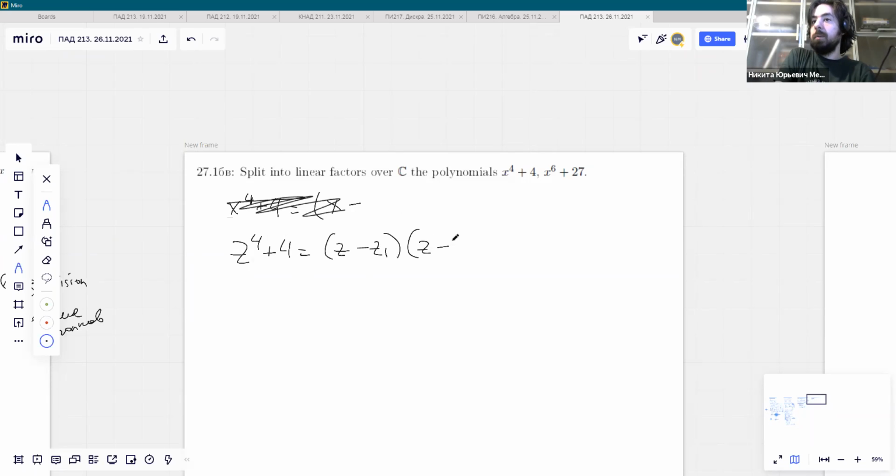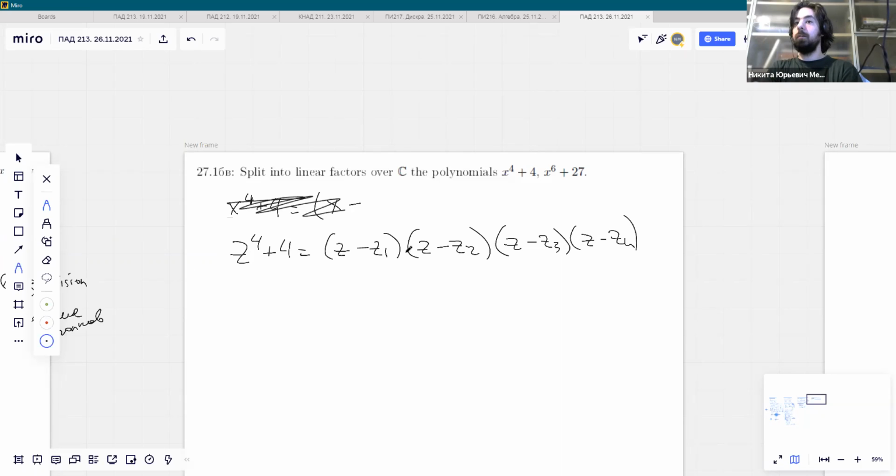So I want to represent it as a product of 4 factors, and each of them will be linear, first degree polynomial. Why 4 factors? Because the power is 4. So if each of the degrees is 1, then there need to be 4 of them so that the total degree is 4. That's obvious.